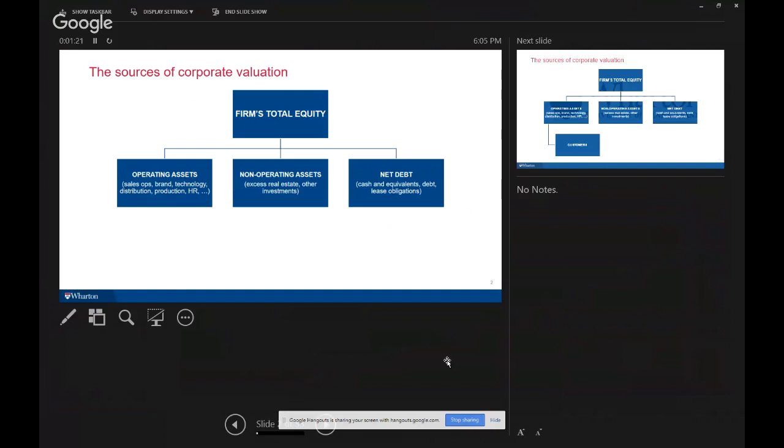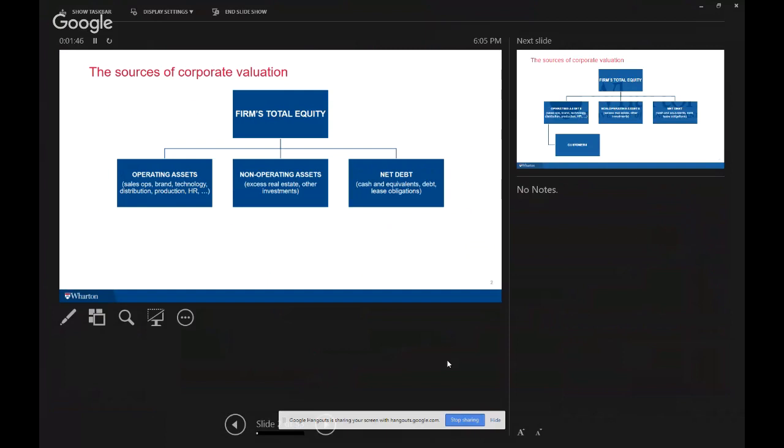The non-operating assets are also relatively straightforward. This is basically anything where if we were to light a stick of dynamite and blow it up, it would have no effect on the firm's ability to generate revenues and how those revenues flow through into profits. Examples would be excess real estate, or any other non-operating assets the firm might have.